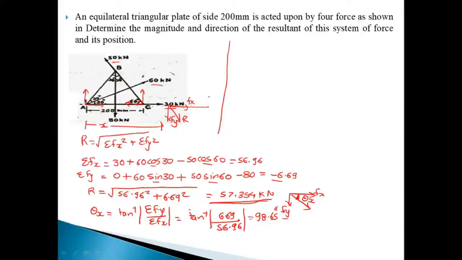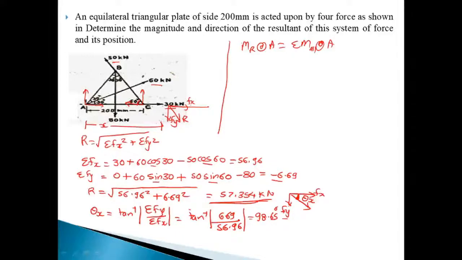If we have to find out the position of the resultant, we have to use the Varignon theorem. And Varignon theorem says that the moment due to the resultant at any point, we will choose point A, is equal to the summation of moments due to all forces at the same point.